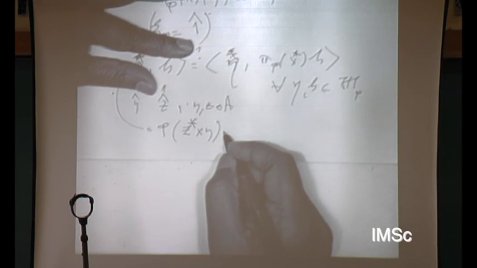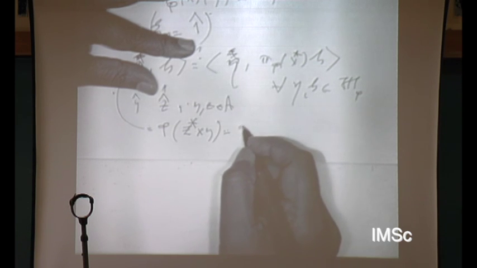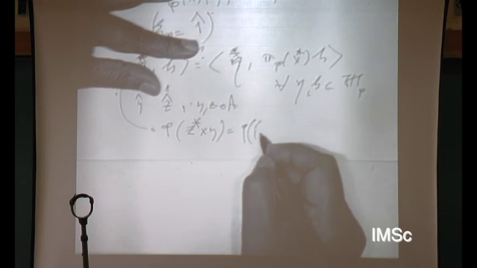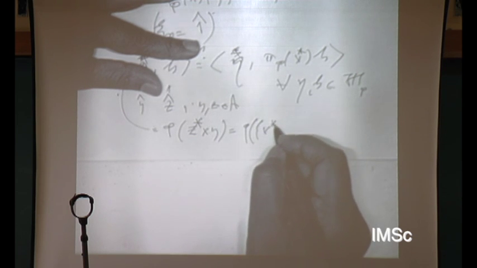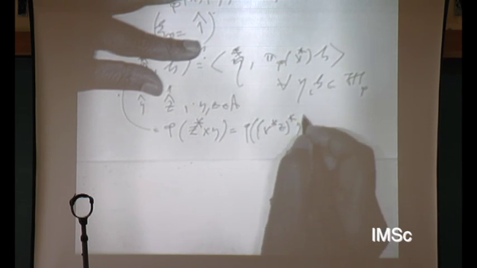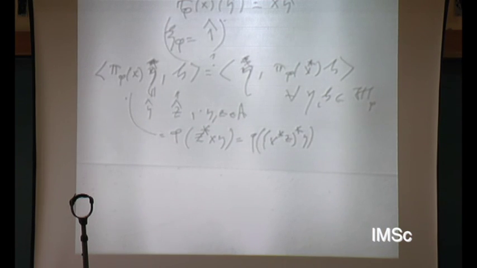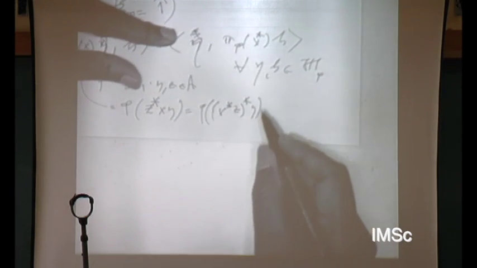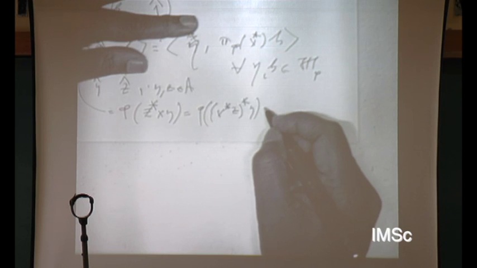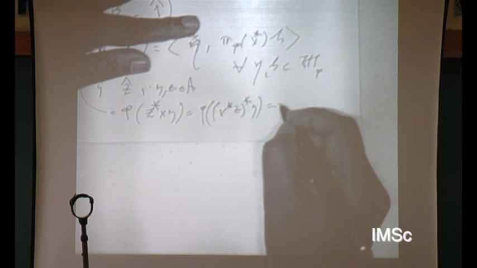And this you do a little sleight of hand and you observe that this is the same as x star z, the whole star, y. I just rewrite that z star x as the adjoint of x star z. But then what is that? That is then by definition equal to this thing.